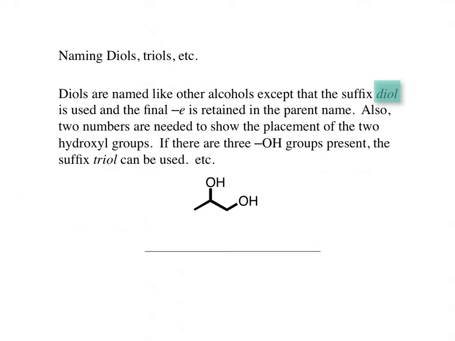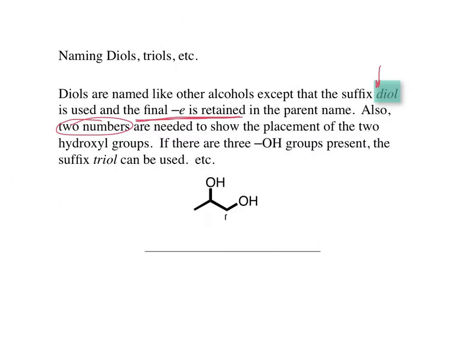Because there is a D in the ending, it's not starting with OL, it's starting with a D, we are going to retain the final E in the parent name. Okay, pretty standard. And since we have 2 alcohols, we're going to have to use 2 numbers to show where they are. So, let's go ahead and tackle this one.